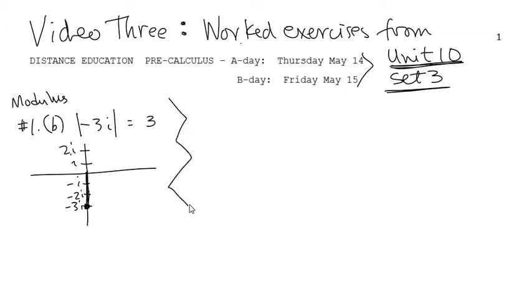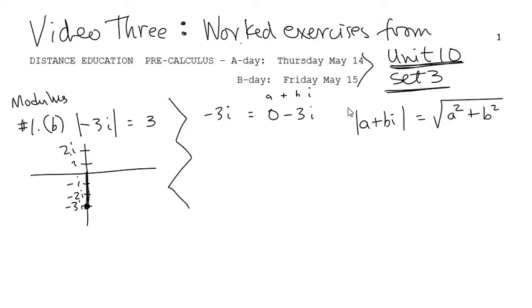Now, another way to look at that is to say that negative 3i, if you put it in strictly a plus bi form, that would be 0 minus 3i, and we can use that formula that we talked about in the earlier video, that the modulus, or the absolute value of a plus bi, is the square root of a squared plus b squared.